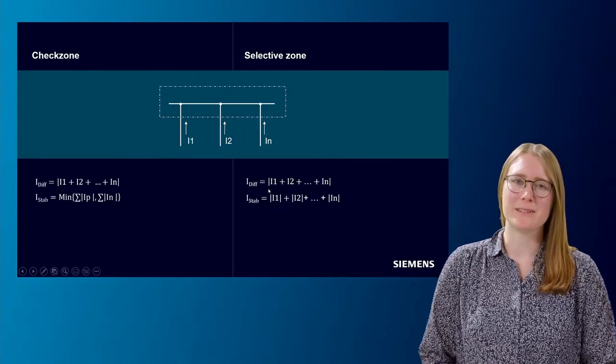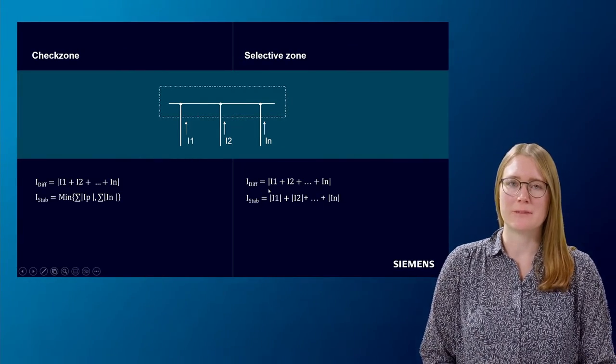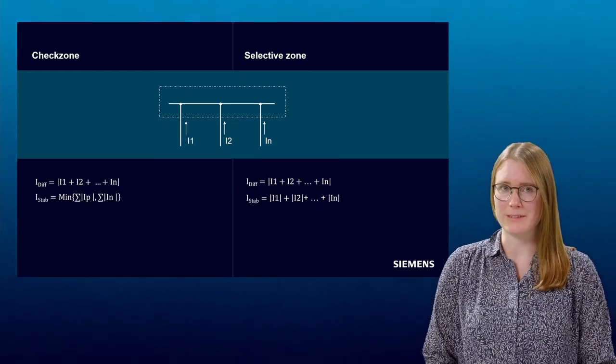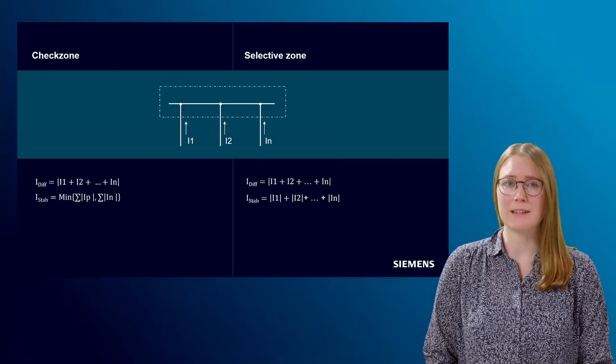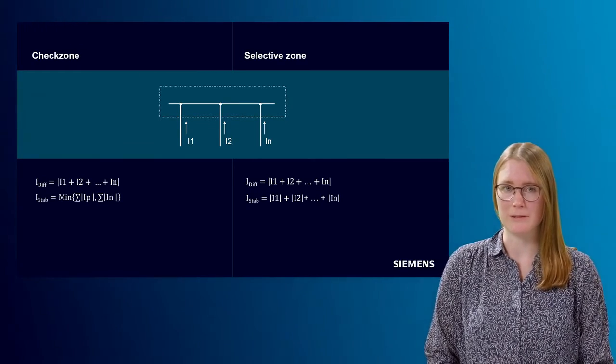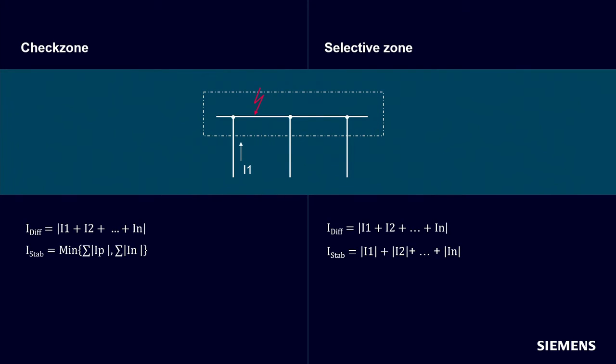This slide shows the different calculation methods of selective and check zone in comparison. The difference lies in the calculation of the stabilization current. Imagine there is only one current in one feeder flowing towards the fault. For the check zone, the differential current is the magnitude of this current I1.